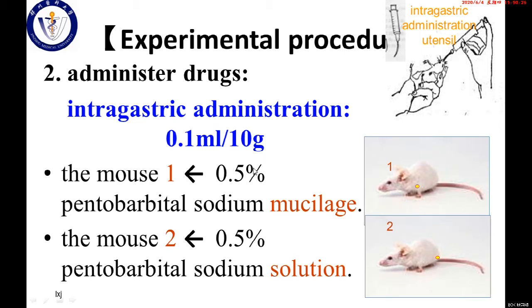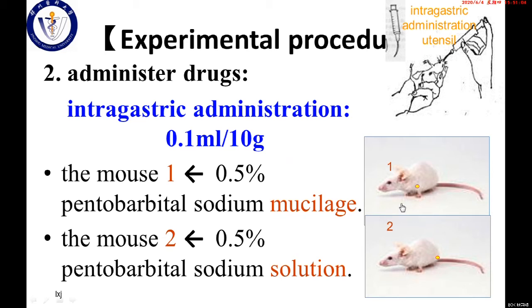Now, the administration rules. Both of them are administered by intragastric administration at the same dose, 0.1 milliliter per 10 gram body weight. Notice, to administer a drug to the mouse, usually the volume of the drug should be calculated according to its body weight per 10 gram.